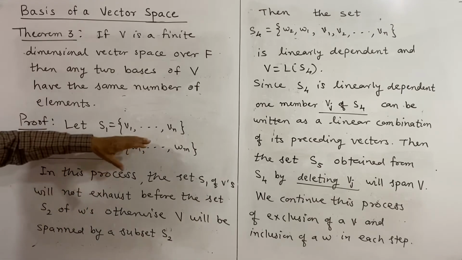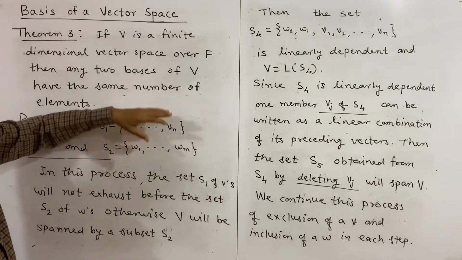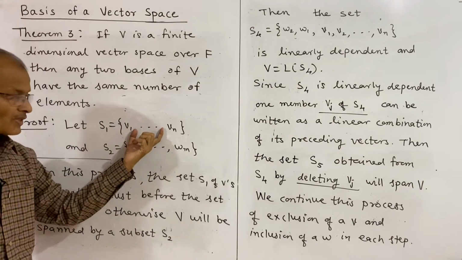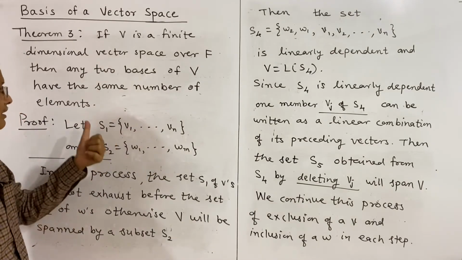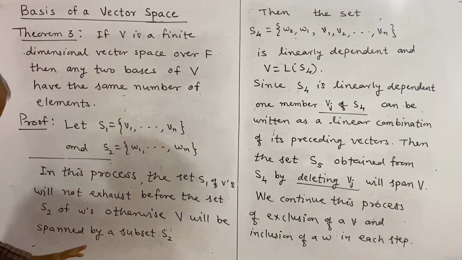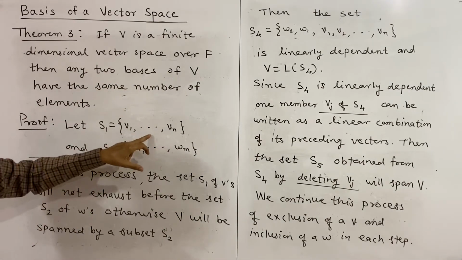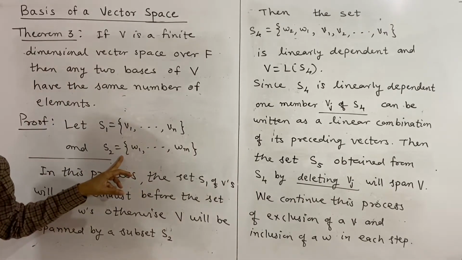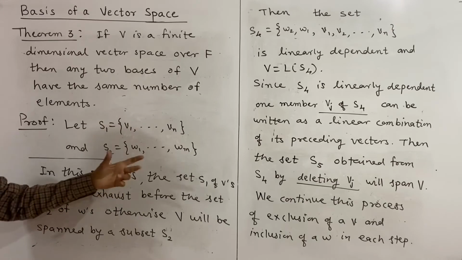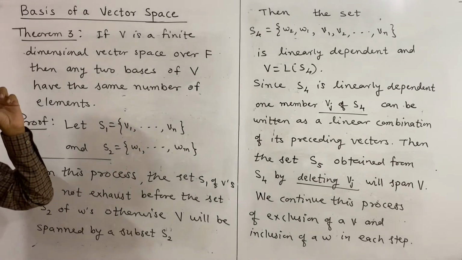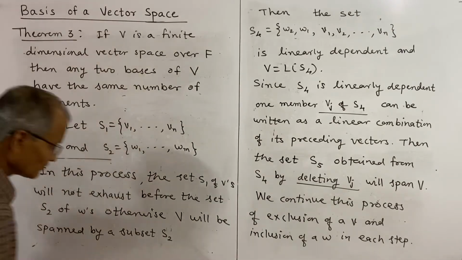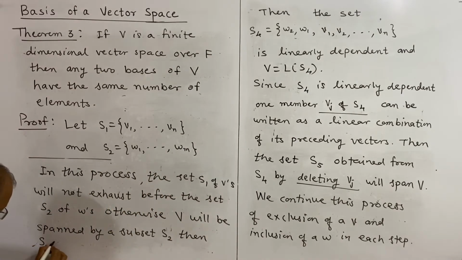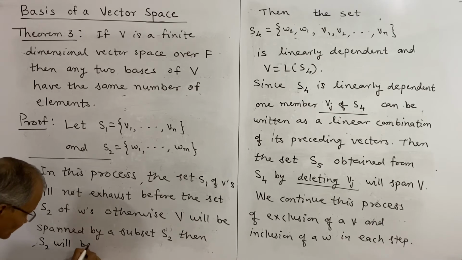See, if it is over earlier, then some W's will take the place of V's, and that will span the entire vector space V. And if it spans the entire vector space V, then S2 will be a linearly dependent set, because its subset spans the vector space V. And then S2 will be linearly dependent.